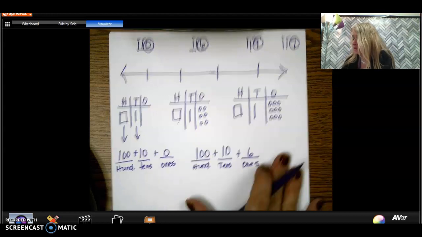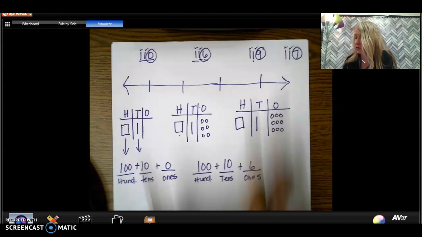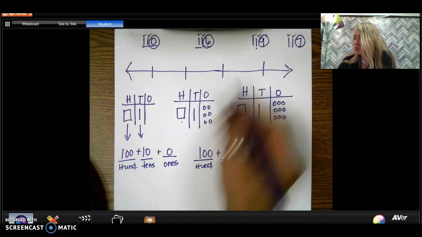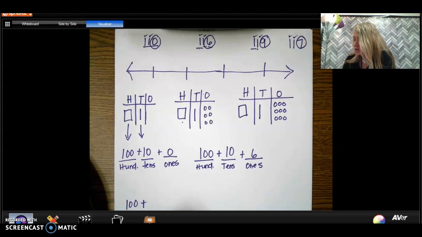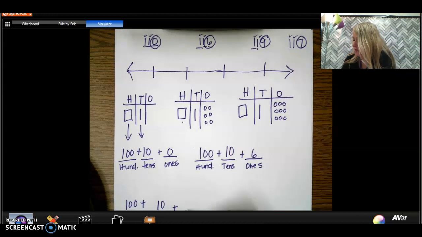Okay, now let's show 119 in expanded form over here since I have a little bit more room down here. 119, how much is 100 worth? 100 plus, how much is the ten worth? 10. And then how many ones? 9. How much is 9 ones worth? 9. Very good.